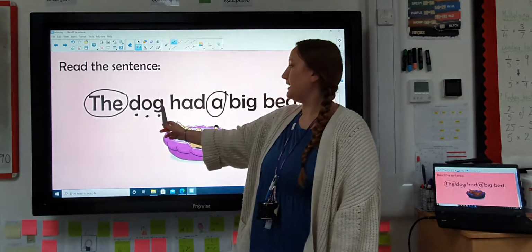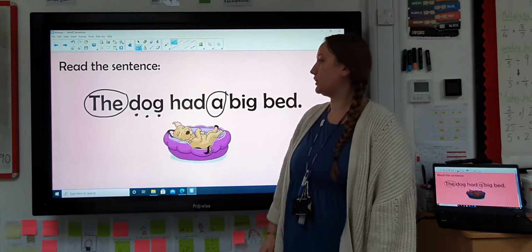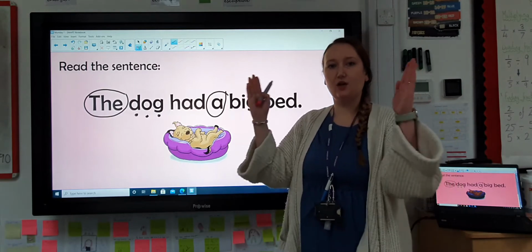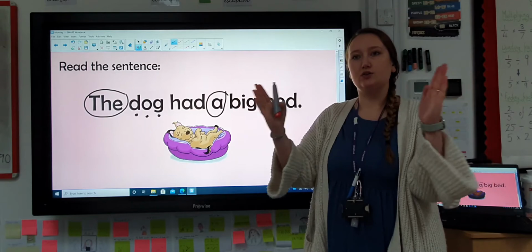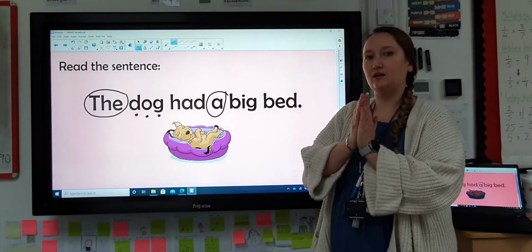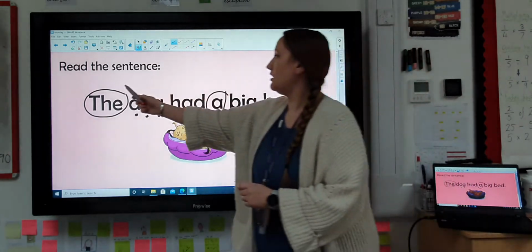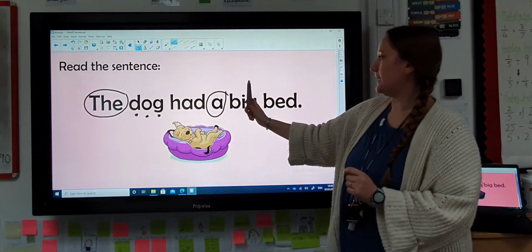O. And this one? G. Okay, so let's blend it together. D, O, G, D, O, G, dog. What does it say? Dog. So we've got the, dog, and a.